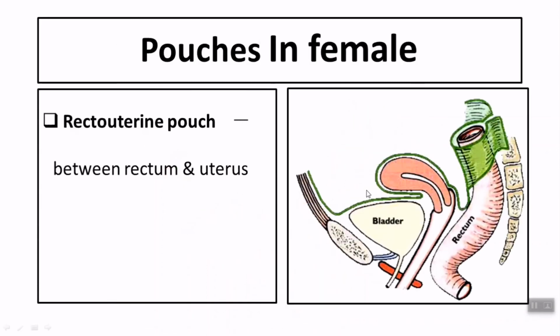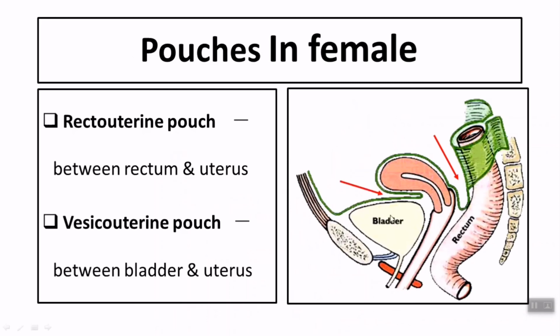In females we have the rectouterine pouch between the rectum and the uterus, and the vesicouterine pouch that lies between the urinary bladder and the uterus.